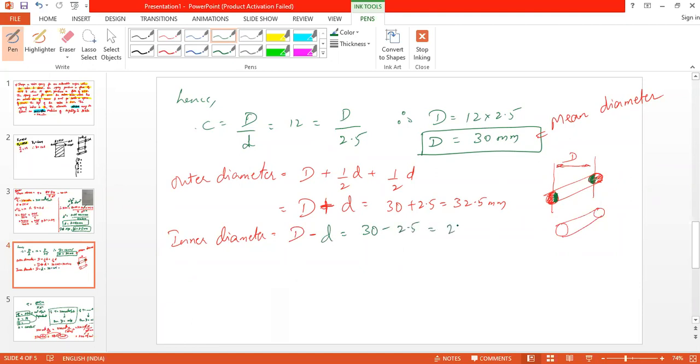So D minus d, that is 30 minus 2.5, that is equal to 27.5 mm. Any doubt? No, sir.